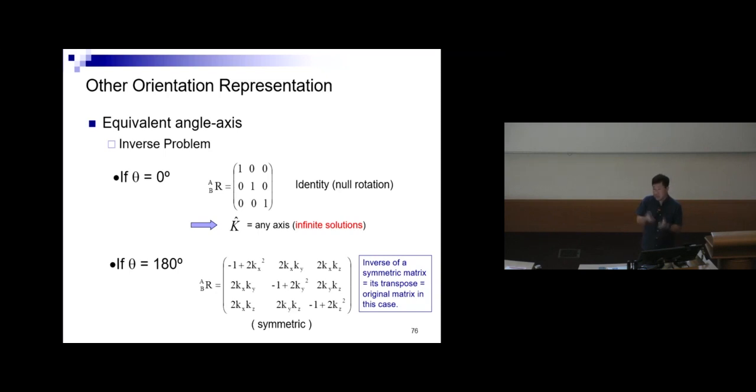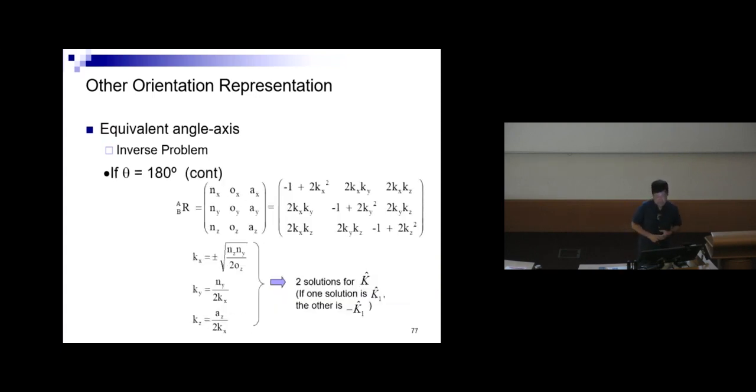When you have a symmetric matrix, the transpose transposes back to itself. So if you equate them together, you will end up with kx, ky, kz equal to this, with a plus minus over here. One solution will be for k hat, and the other solution will be for minus k hat.